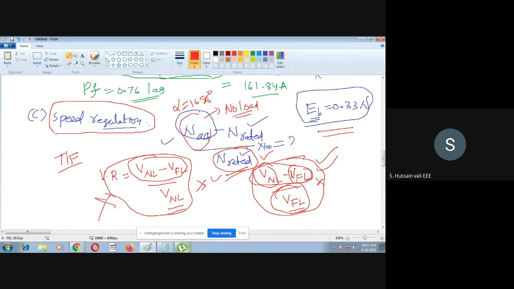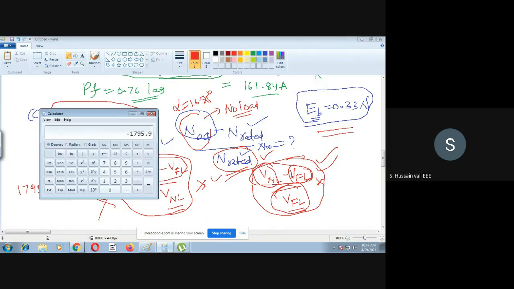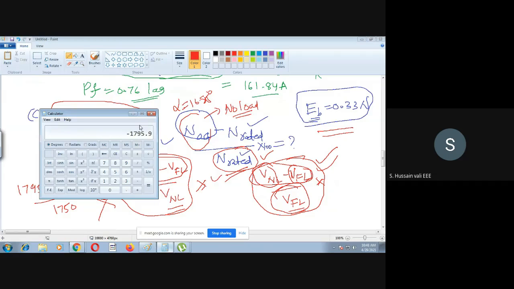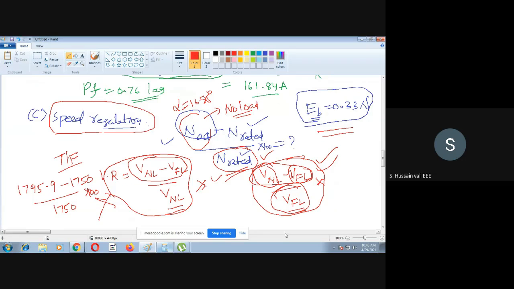So we will take N actual as 1795.9. Minus the rated speed, how much is the rated speed? 1750, divided by 1750, into 100. How much will you get now? 2.62, sir. Yes, that's correct. So 2.62%. So the speed regulation is 2.62%. That's it.